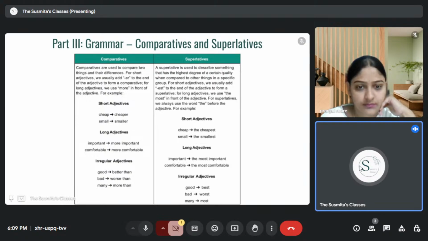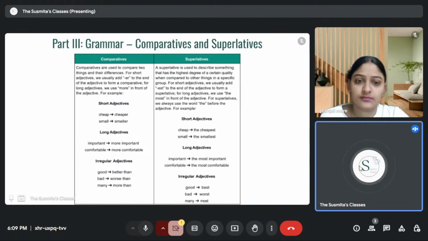Now, that's where we have to be careful with our irregular adjectives. Now, what are irregular adjectives? Which don't change into ER and EST form. They totally change whenever we want to talk about them. For example, many becomes more and most. Bad becomes worse and worst.